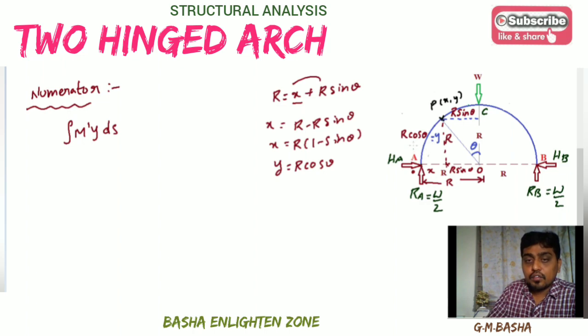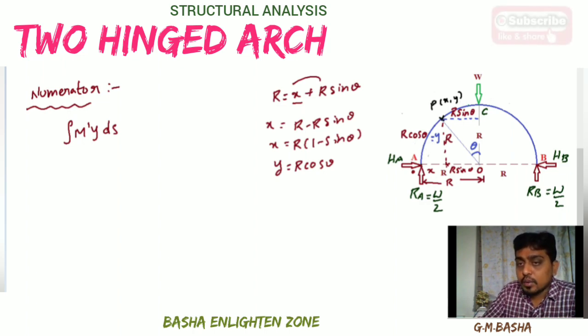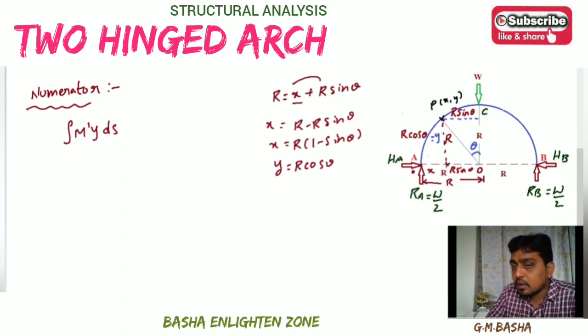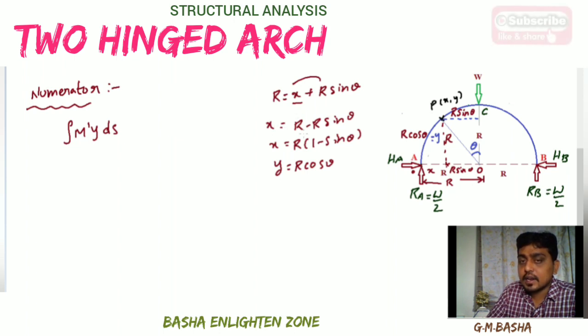Then if you know this value, the distance from here to here will be x and the remaining part will be r sin theta. In the total r, it will be r sin theta, so we take the x distance directly based on that one: x equals r into (1 minus sin theta). Similarly y equals r cos theta. After knowing that, we are resolving these forces up to that particular point.